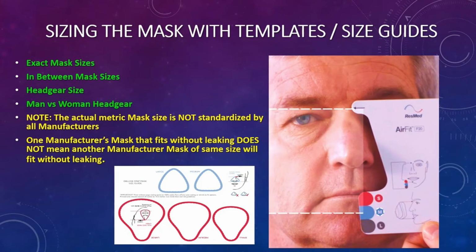The mask manufacturers basically state that if the patient is between sizes, to go with the lower size. Very often, this is not the case. The mask is uncomfortable or painful to the patient. So, what I try to do is just try to find a similar mask by another manufacturer. Many times, not always, but many times, the mask has an in-between size and the problem is solved.